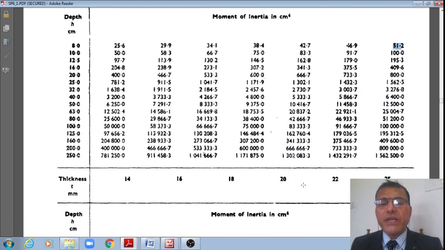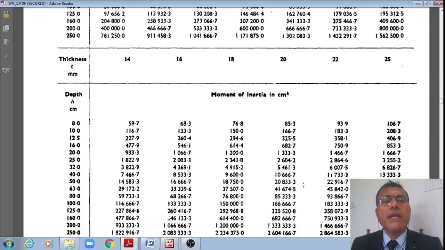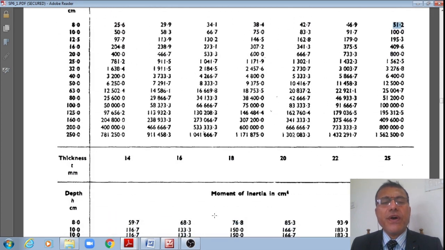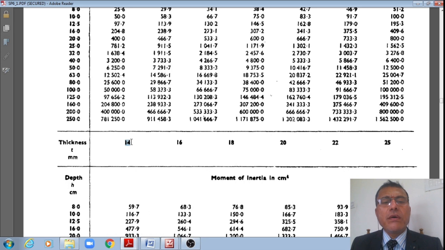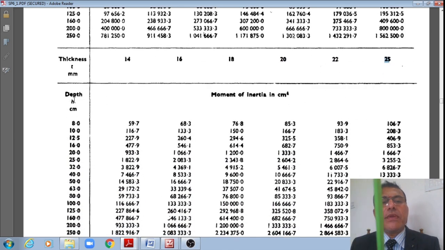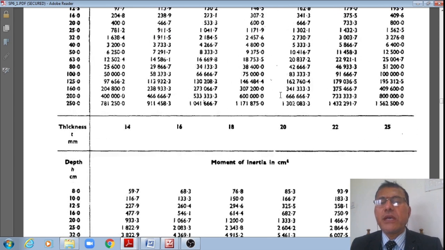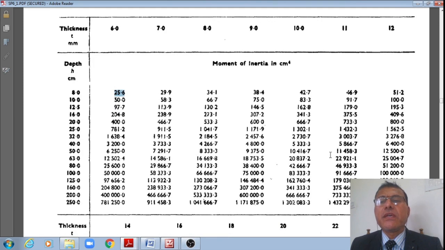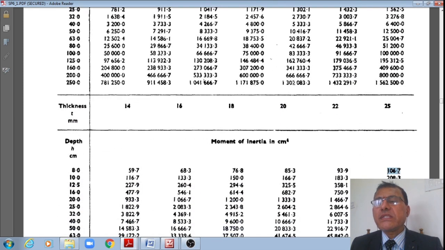That is of the moments of inertia of the webs, so that you can readily use them in calculation, right? Followed by even if I have the web thickness of 14, 16, 18, 20, 22 and 25, that is how that same 80 depth can furnish 106.7 centimeter to the power 4, right, starting from a plate of 6 thick which furnishes 25.6, slowly increasing to 106.7.